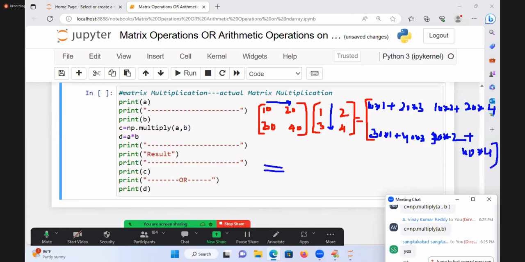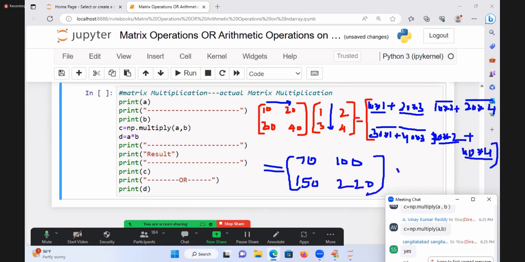Answer please now. 10 into 1 is 10, and this is 60, so the answer is 70. 10 into 2 is 20, 20 into 4 is 80, the answer is 100. Next, 30 into 1 plus 40 into 3 is 150. Next, 30 into 2 is 60 and 160, so 220 is the answer.